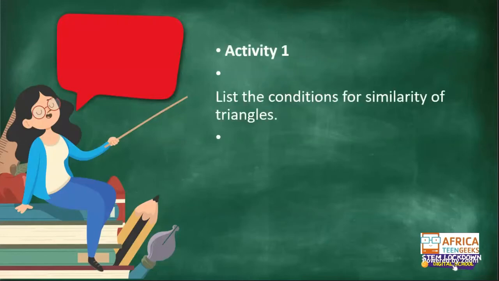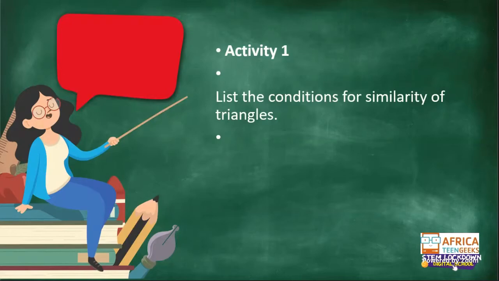Now I'm coming to similarity of triangles. I know that you have done similarity some time back, but I want us to list the conditions for similarity of triangles. How can we say two triangles are similar?